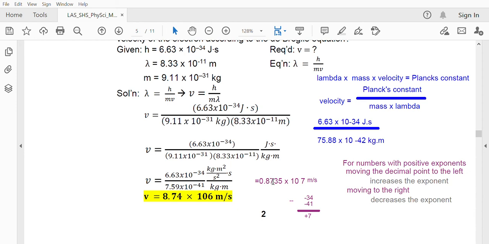So that will become 8.735 times 10. But for numbers with positive exponents, moving the decimal point to the right decreases the exponent. That means it is times 10 to the 6. 8.735 times 10 to the 6.